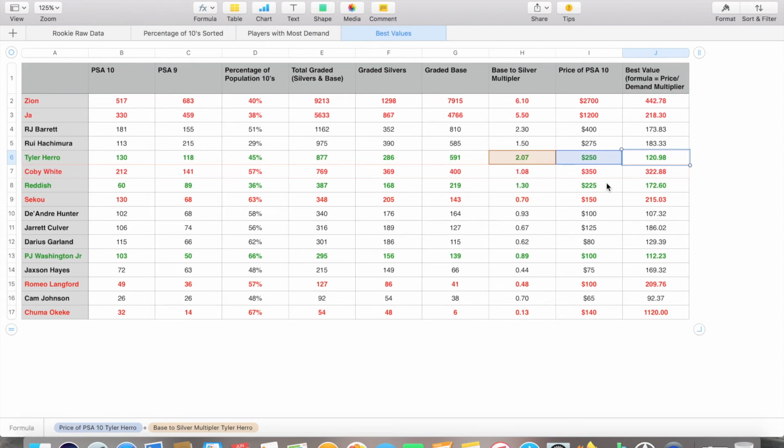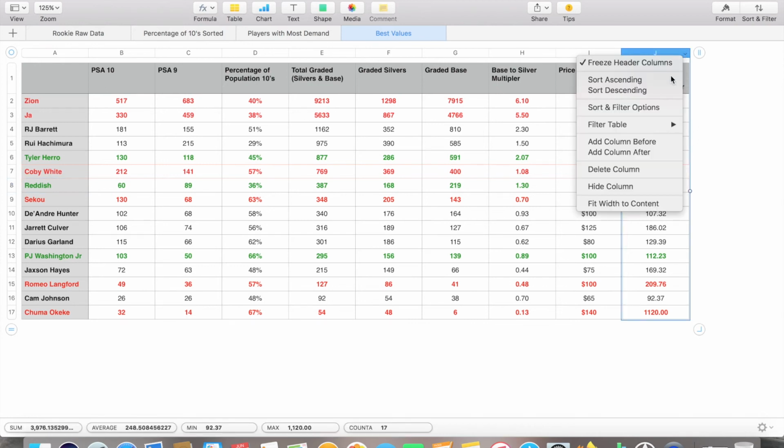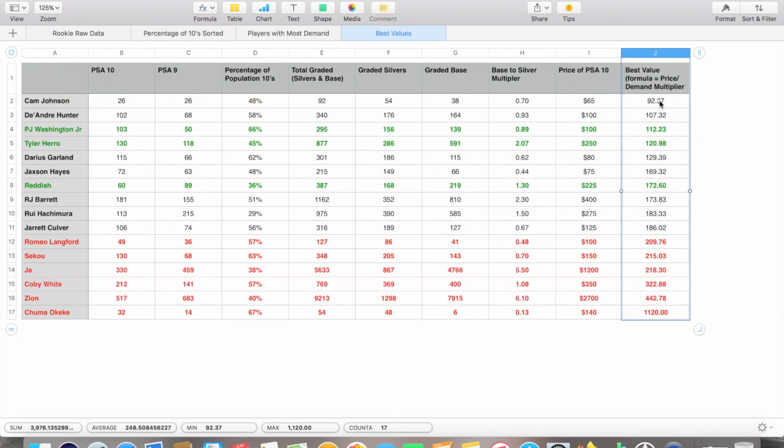represents a pretty darn good value is Cam Reddish, and he has one of the highest demand multipliers. I think he was number 4 or 5. Number 5, yeah, he was number 5 on the highest demand multiplier, but he's definitely not 5 in terms of the best value. So let's see exactly how high his is.